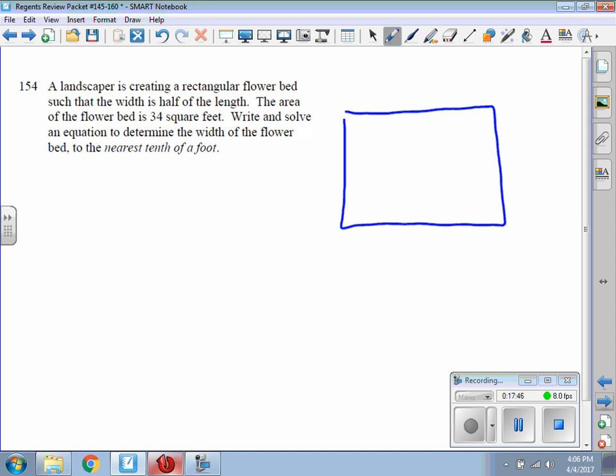We're given that the area is 34. Where does area come from? Length times width. So we've got to figure out how to represent the length times the width. We're given that the width is half the length.